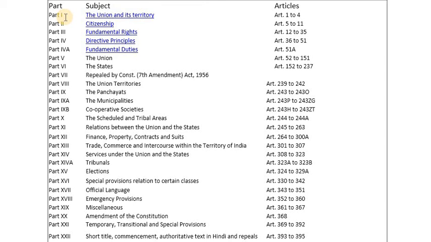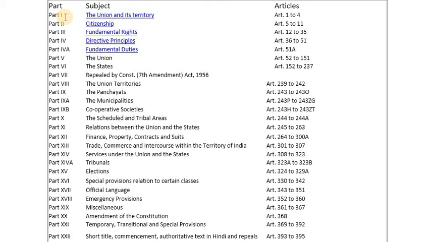Then who are living in the country, we have to give them citizenship. So part 2 is the citizenship. Then we have to give the citizens, the people in the country, some rights. So part 3 is the fundamental rights. Then part 4 is the directive principles of state policy. We have to give some policies or some areas for the state. So that is part 4.